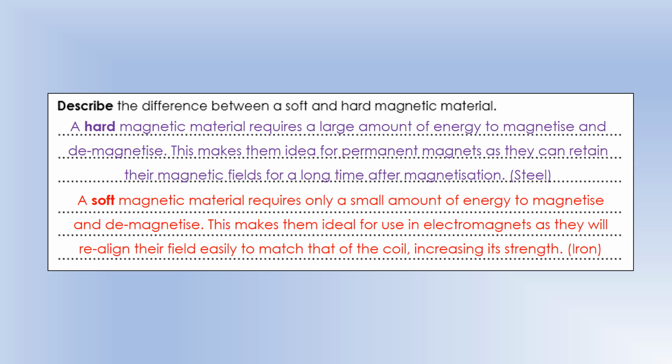So the iron nail, for example, that you saw earlier, the iron is a soft magnetic material, so the domains will line themselves up with a field from the coil, and that will produce a strong electromagnet. And iron is a classic example of a soft magnetic material. You'll see it used time and time again with electromagnets. And that concludes this video looking at magnetic fields.